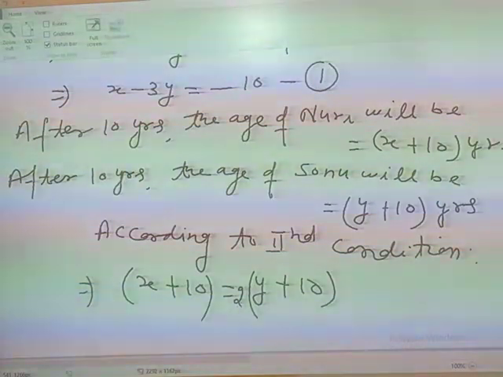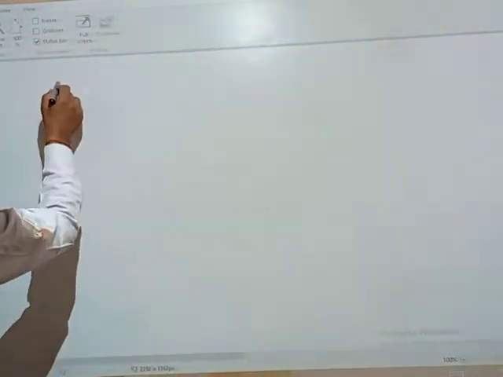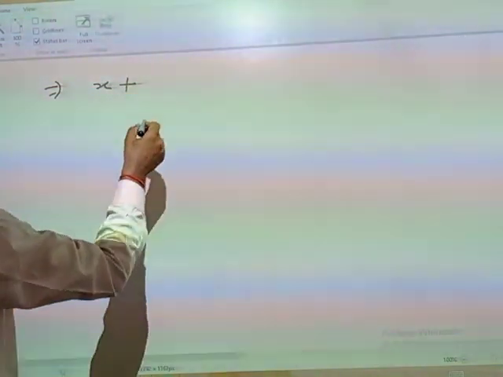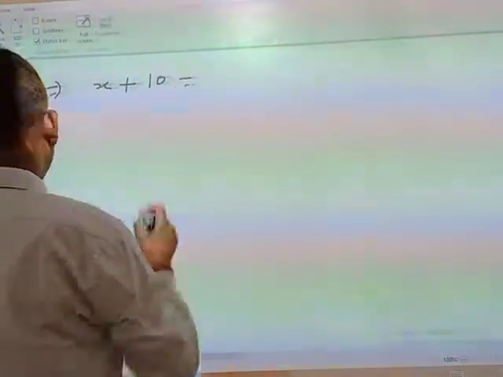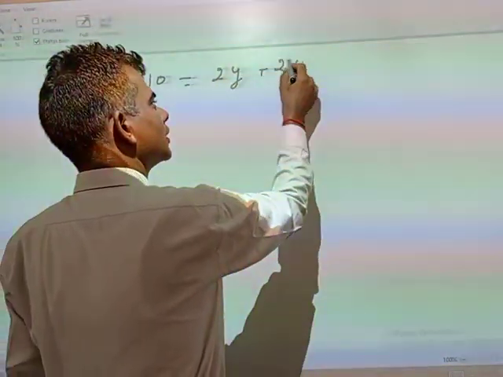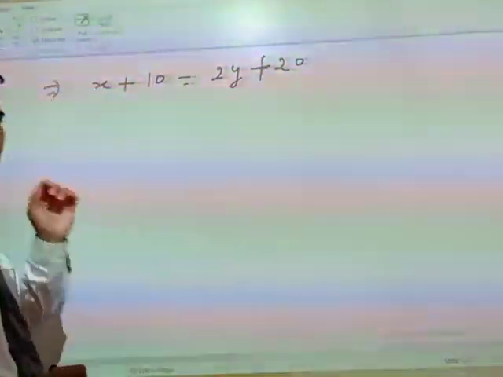To equalize it, we will solve the equation, that is x plus 10 equals 2y plus 20. Any doubt, any problems?